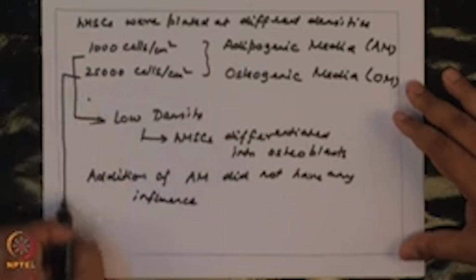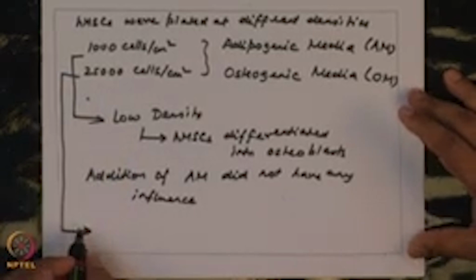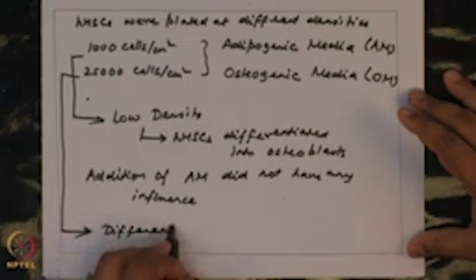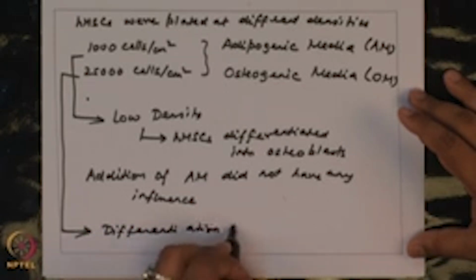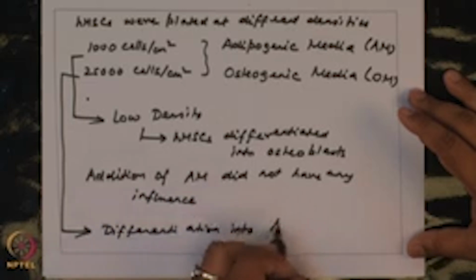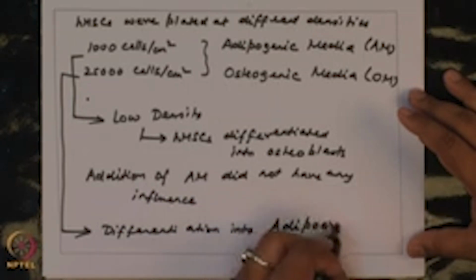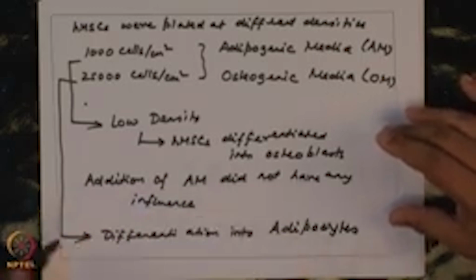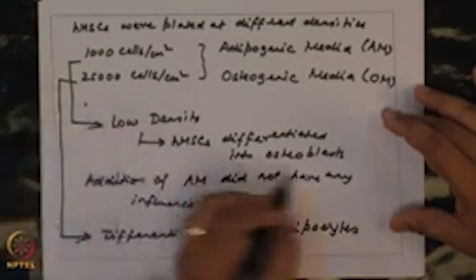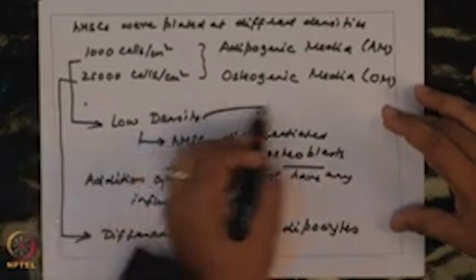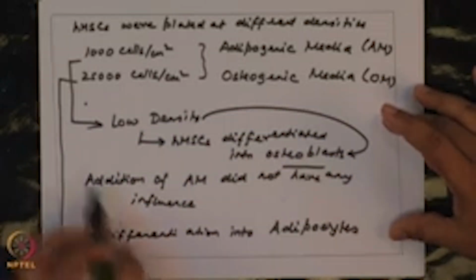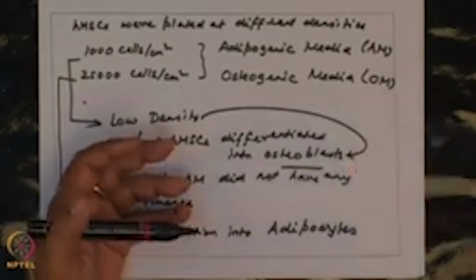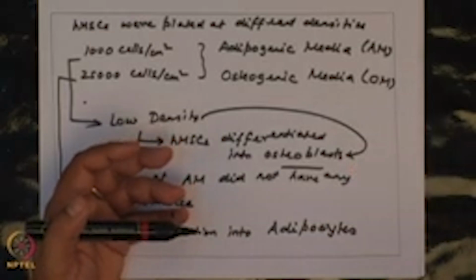In contrast, at the cell seeding density of 25,000 per centimeter square, you had differentiation into adipocytes. So, as a function of time, low density leads to osteoblasts, high density leads to adipocytes, again demonstrating that cell plating density influences MSC fate.